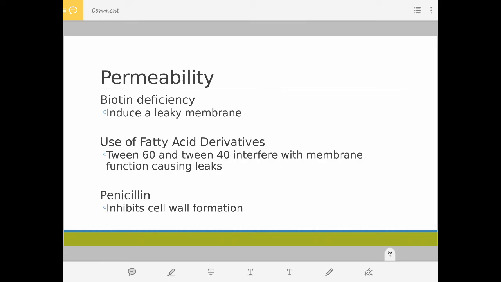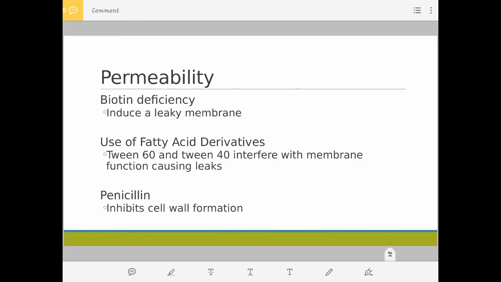You can also use fatty acid derivatives to interfere with your membrane. Examples are Tween 60 and Tween 40. These are long chain polymers that are amphiphilic. However, Tween 60 and Tween 40 are a bit, how should I say, more expensive.